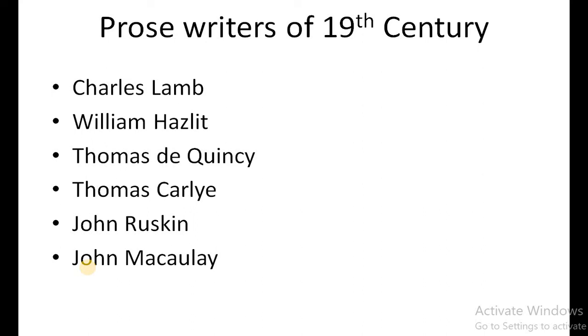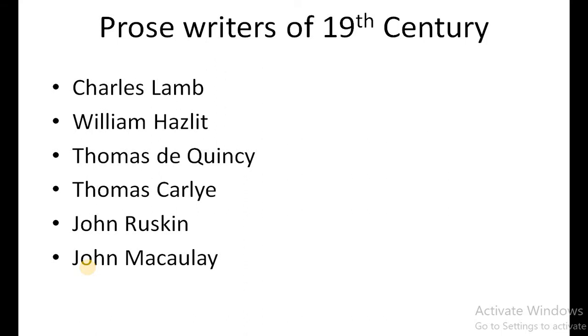So there were many prose writers. I would like to name them and their works as well. Number one is Charles Lamb, William Hazlitt, Thomas De Quincey, Thomas Carlyle, John Ruskin, and Thomas Macaulay. I would like to name their works just so that you may get acquainted with them. Number one, Charles Lamb.